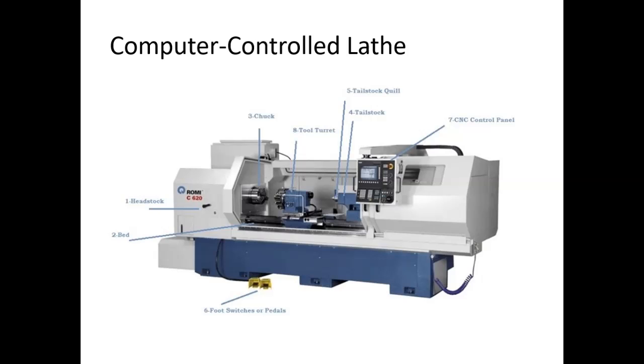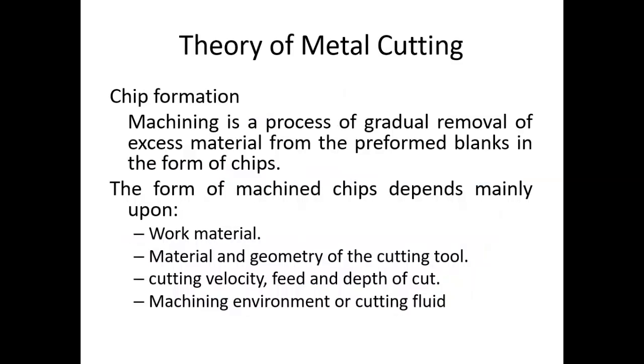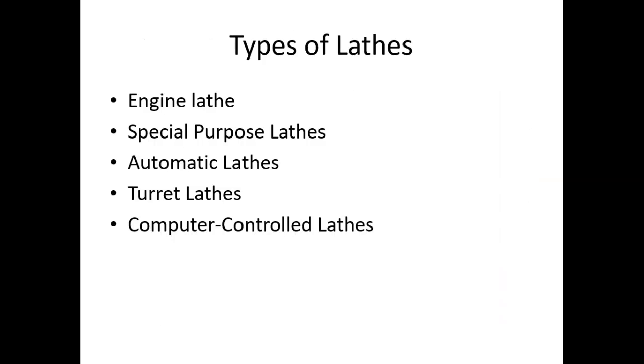So no human being is required to do the machining operation, but he is required to do certain operations like loading, unloading, and feeding the data into the machine. That's all. This is all the advancement of lathe machines. The special purpose lathe is used to do special activities of a machining process.